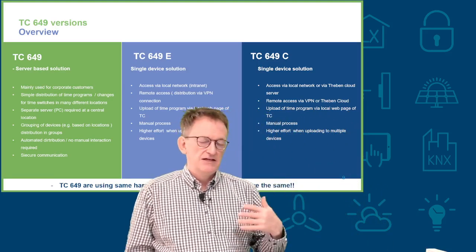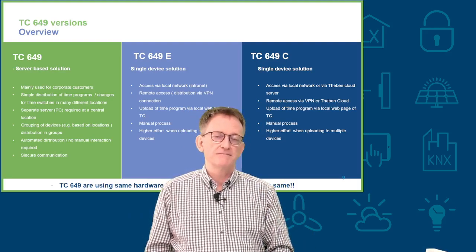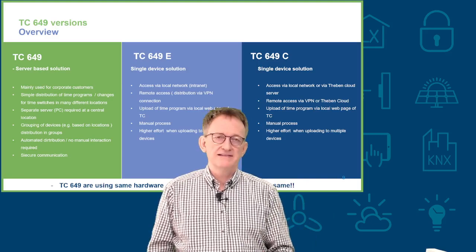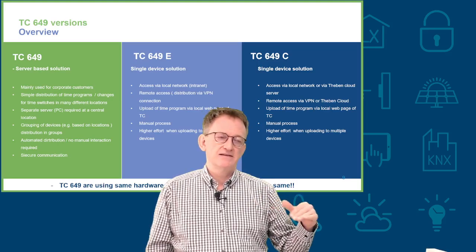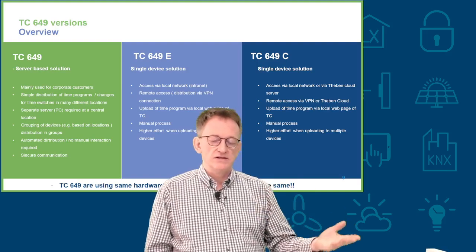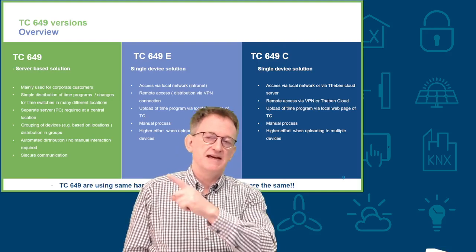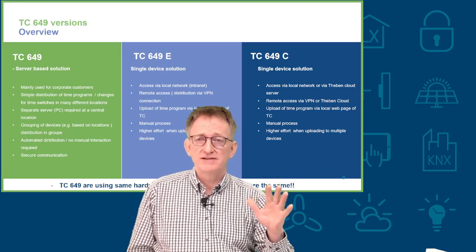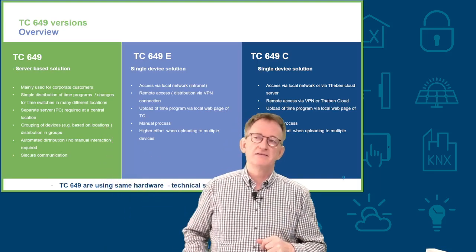Independent of where you are, you just connect to our Theben cloud portal, log in, and then all of the registered devices are listed, and you just select them and manage these devices. You will also get to the web page and have exactly the same options as when you are locally connected with the devices. That's the big difference. So these are single device solutions. Here we have a server-based solution.